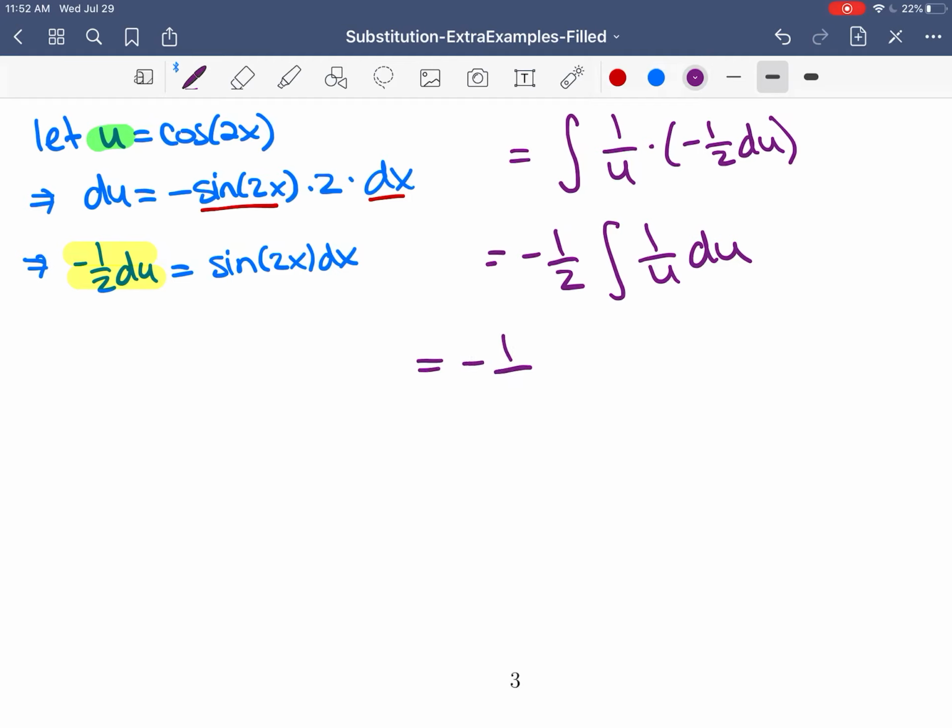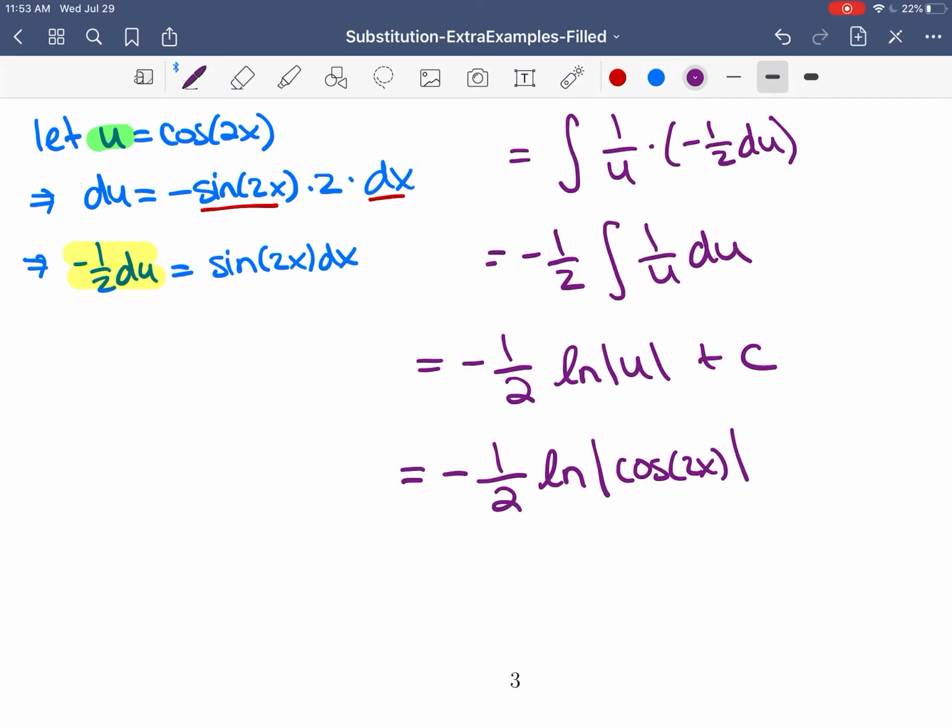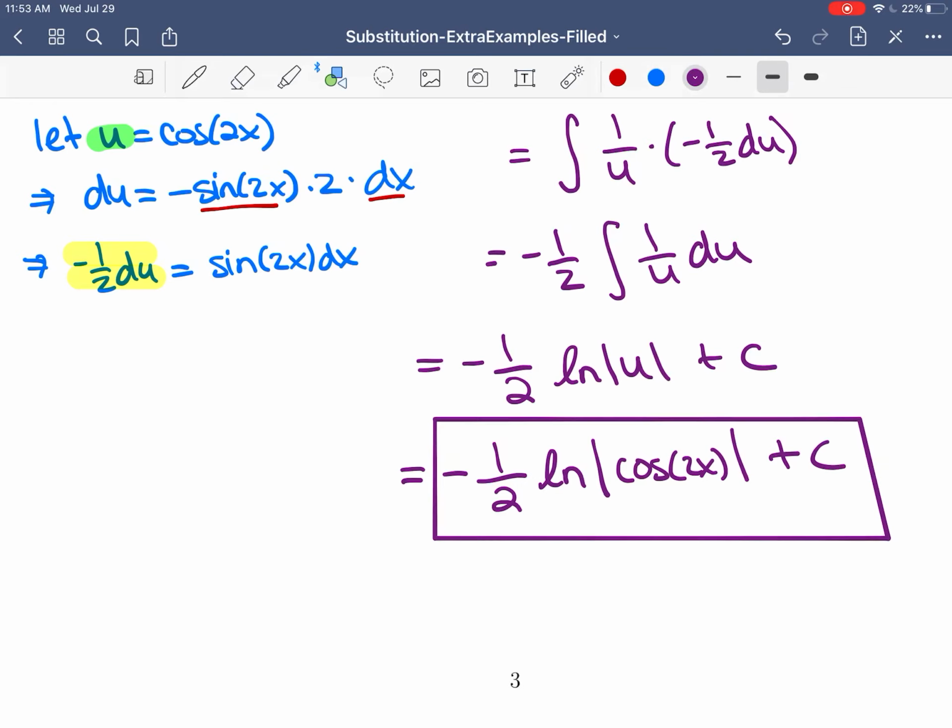So hopefully we know that that's ln absolute value u plus c is the antiderivative. And now I can plug in my u. So this is negative 1/2 ln absolute value of cos of 2x plus c. So that is my indefinite integral here.